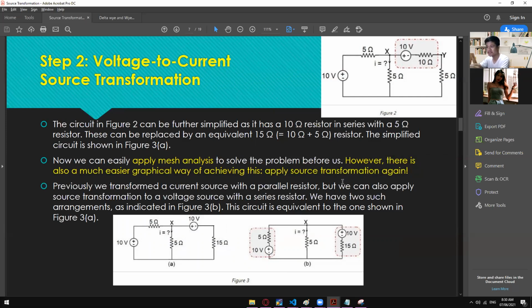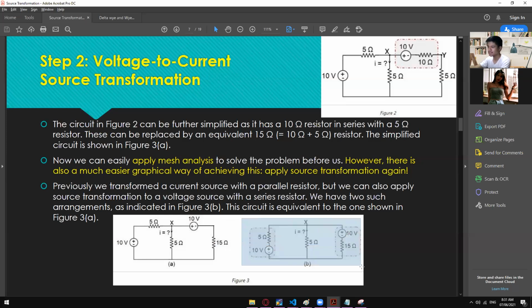Because what is the point of having this module if we will apply another theorem? So we will just simply apply source transformation on this example. Once you have combined those two, we can put the 5 ohms right here on the left side, and then the 10 volts right here on the right side. So you can now have this connection right here.